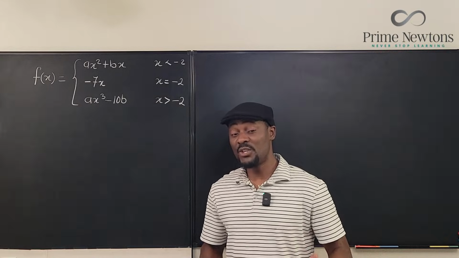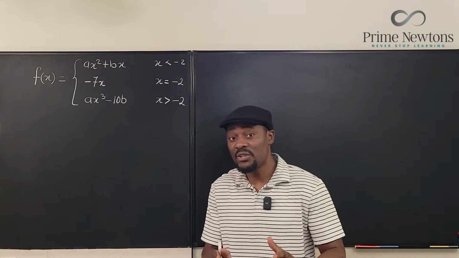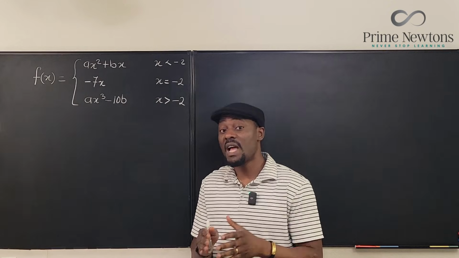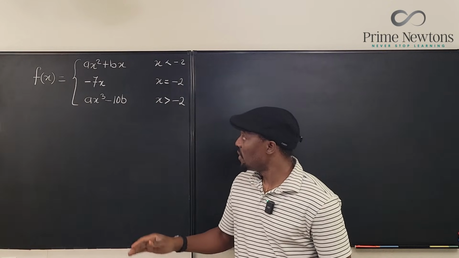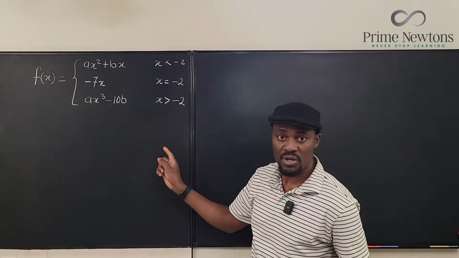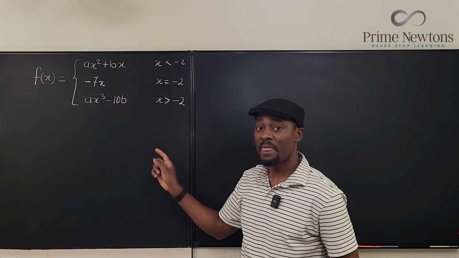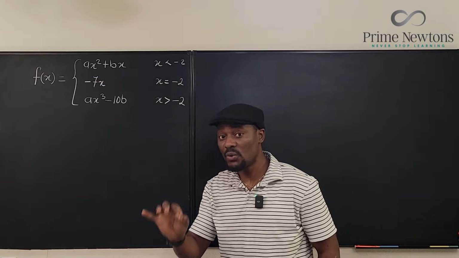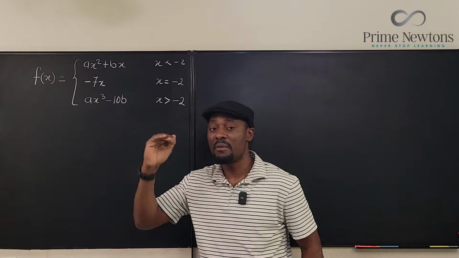The most important thing you must know is the definition of a continuous function at a point. So, this function is continuous at this problem point, -2, if this condition holds. You have to have this memorized.